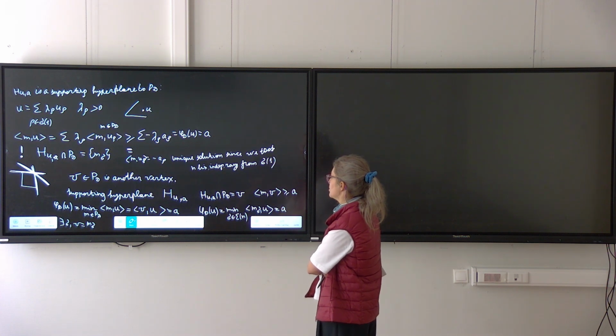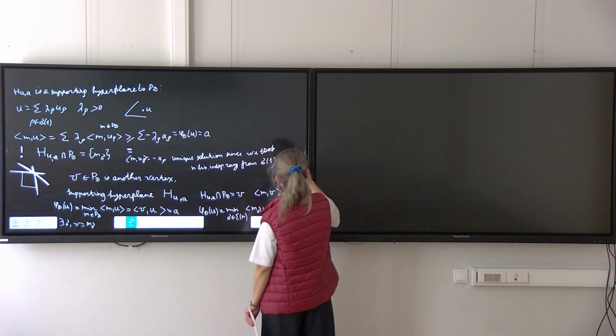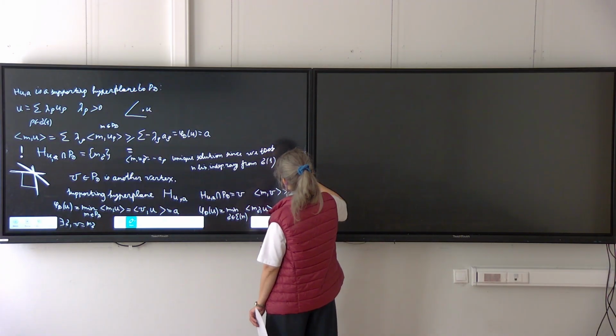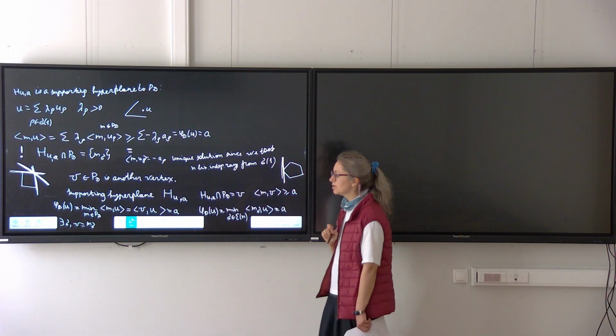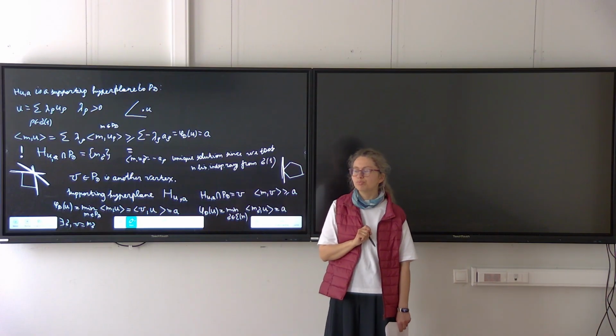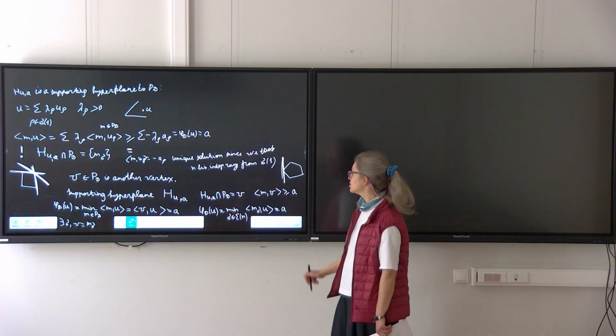Ну, почему? Вот у нас был многогранник, да? У нас скалярное произведение с u. Мы знаем, что на всех других точках многогранника оно будет больше. Мы знаем, что все m сигмы сидят в многограннике.